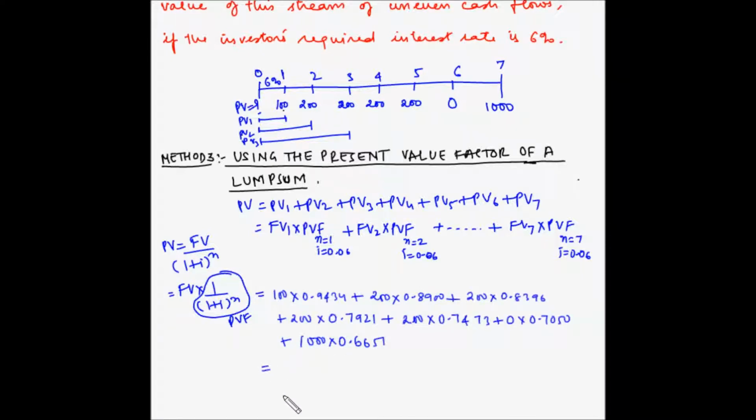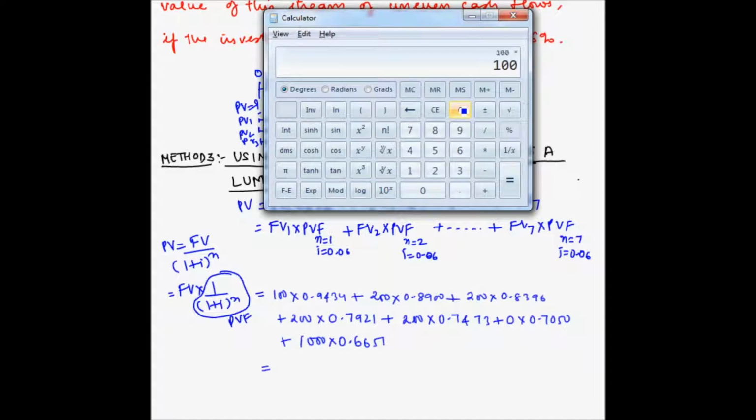Now let's calculate this. So 100 into 0.9434 plus 200 into 0.8900 plus 200 into 0.8396 plus 200 into 0.7921 plus 200 into 0.7473 plus 0 into 0.7050 plus 1000 into 0.6651.